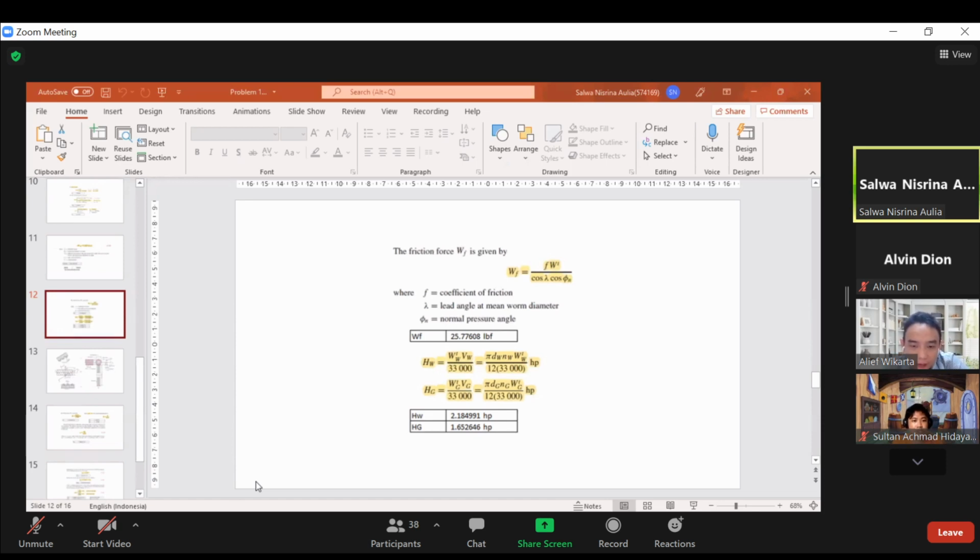And I am still confused where this is from. Which one, WF or H? Your question, friction force or horsepower? All of them.